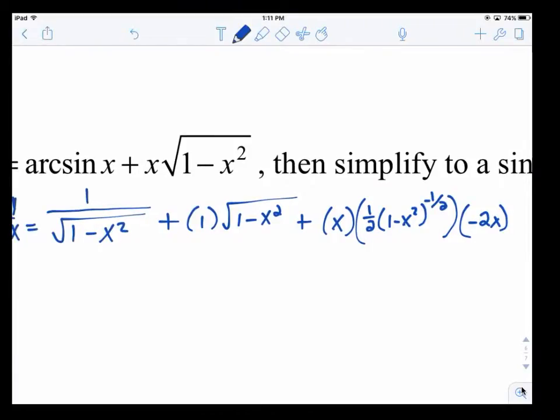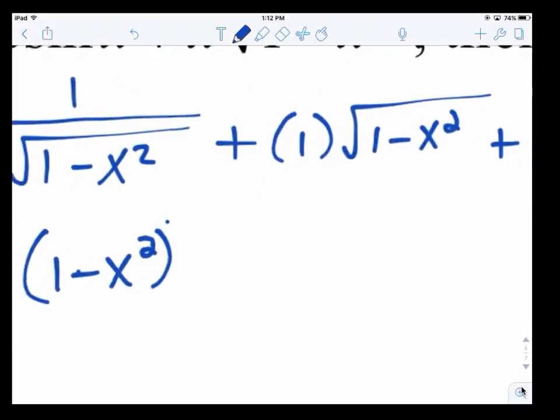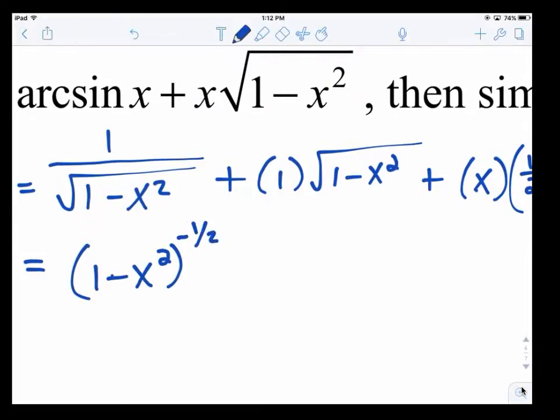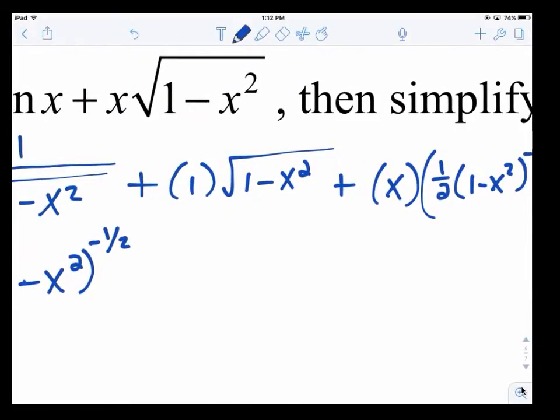All right, so what we want to do is take all of this and get it down to one single term. So how can I rewrite this first term here? Okay, good. And then I have plus, how can I rewrite this term here?